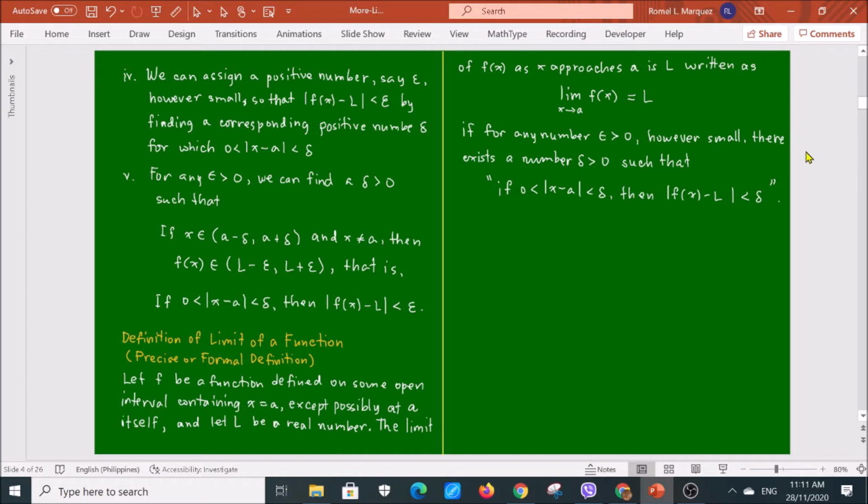Okay? So that's the formal definition of limit.